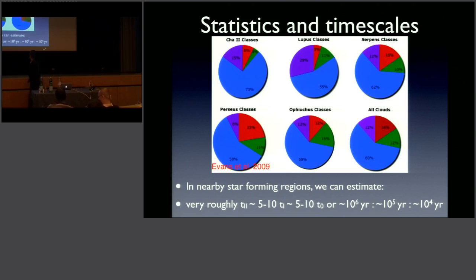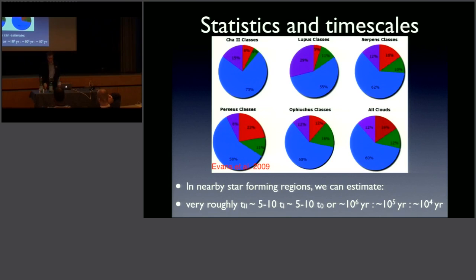So if you assume that 10^4 years is the age of the class 0 objects, roughly speaking, then you propagate these fractions, and you get that the typical time scale for this phase is of the order of 10^5 years, or a few 10^5 years, and the typical time scale for the class 2, so for the disk phase, is of the order of a few million years. Okay, that's a very rough estimate.